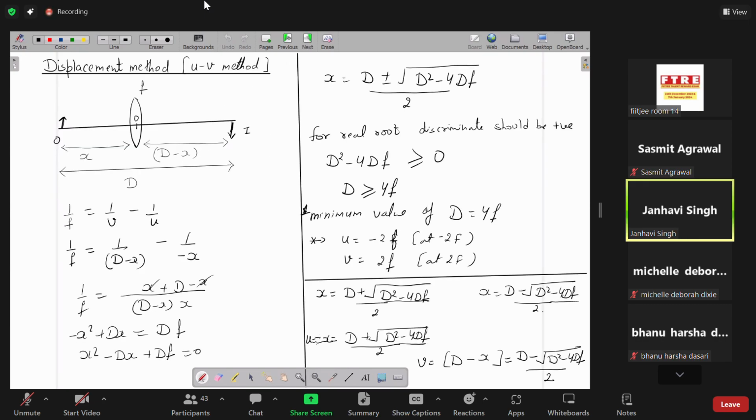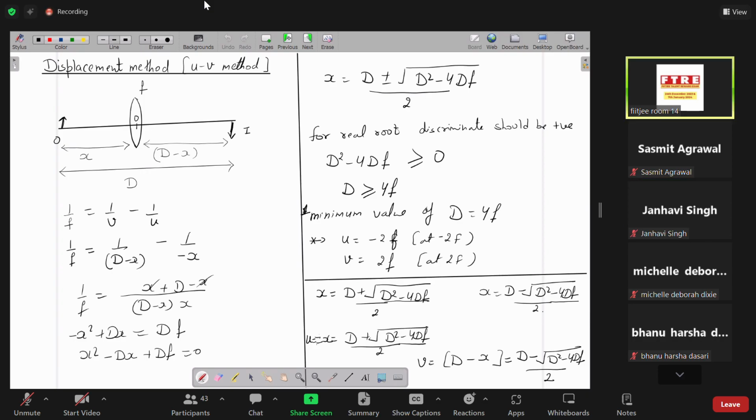Ma'am, over here you have represented x as d plus under root d square, and then over there x is equal to d minus under root d square. So what is the difference between both of them? Beta, we know that for the quadratic equation we get two roots, two solutions, two results. I think by now you must have done the concept of quadratic equation.